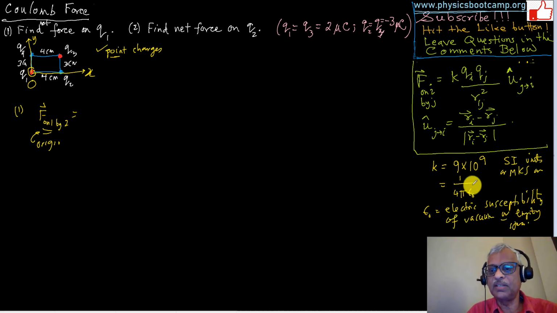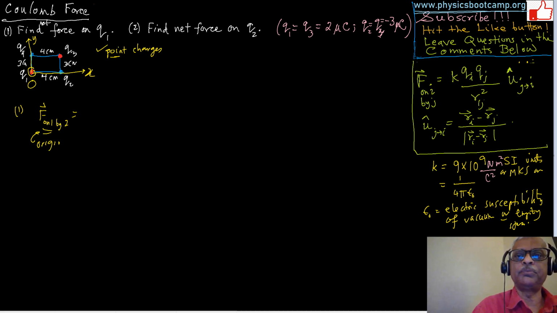I say universal constant because there's only one vacuum. If you look at the units, you don't have to remember them, but this will be Newton meter squared over Coulomb squared.